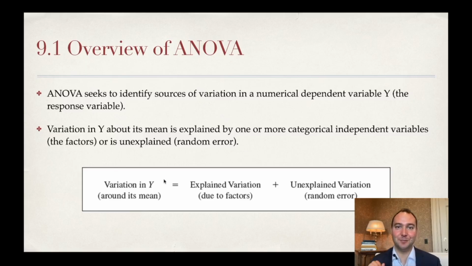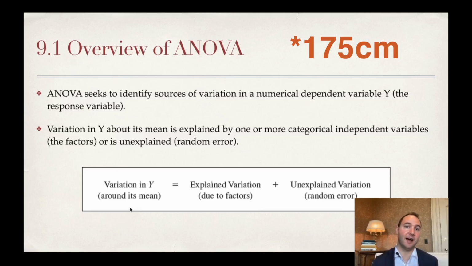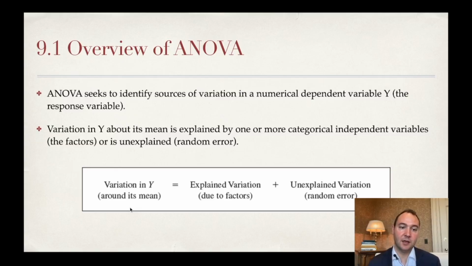I'm going to use the most overused example in statistics, which is the average height. So in this case, let's think about our population as Seogang students. And what is the variation in Seogang students' heights? Let's say, just for simplicity, that the average height of Seogang students is 75 centimeters.